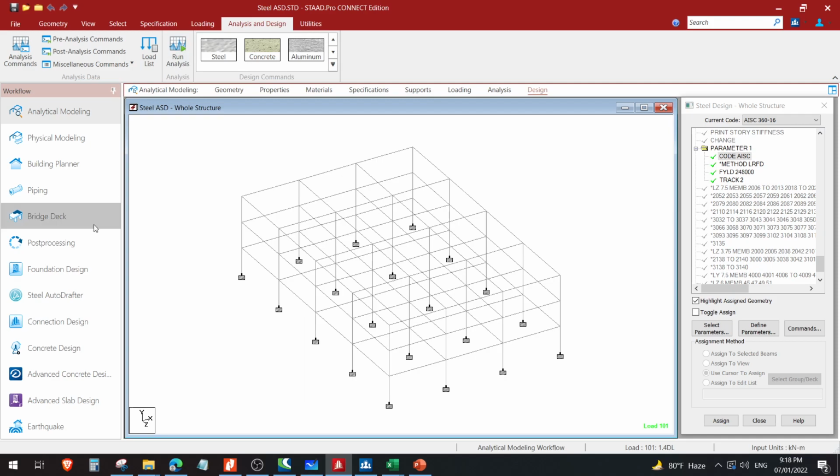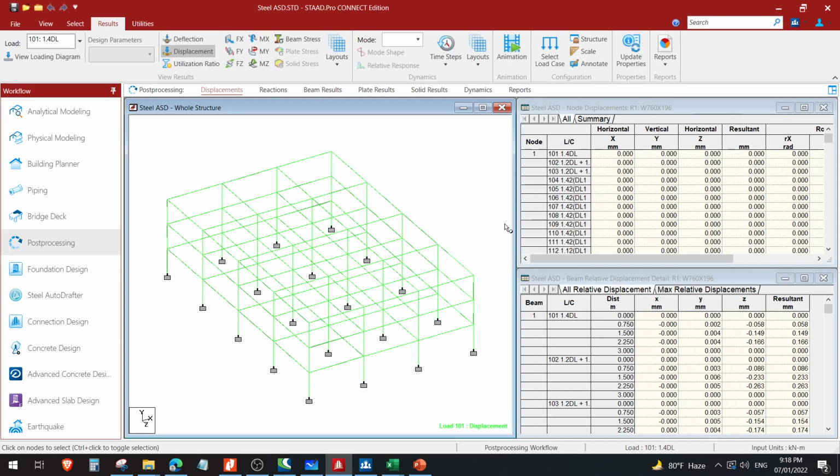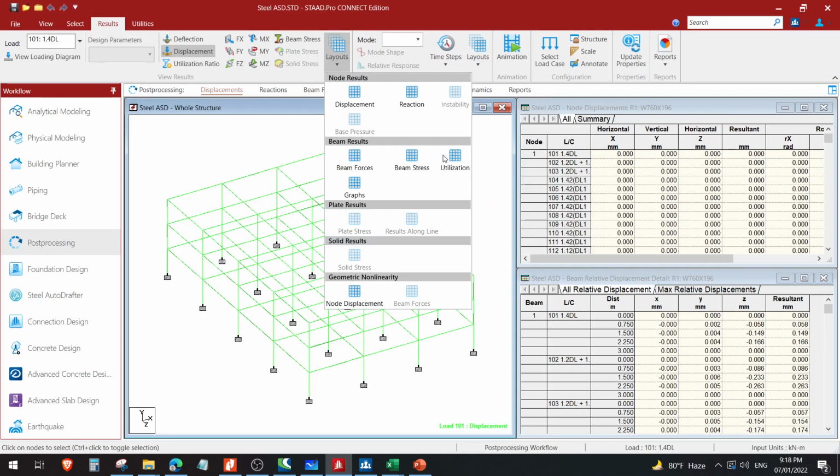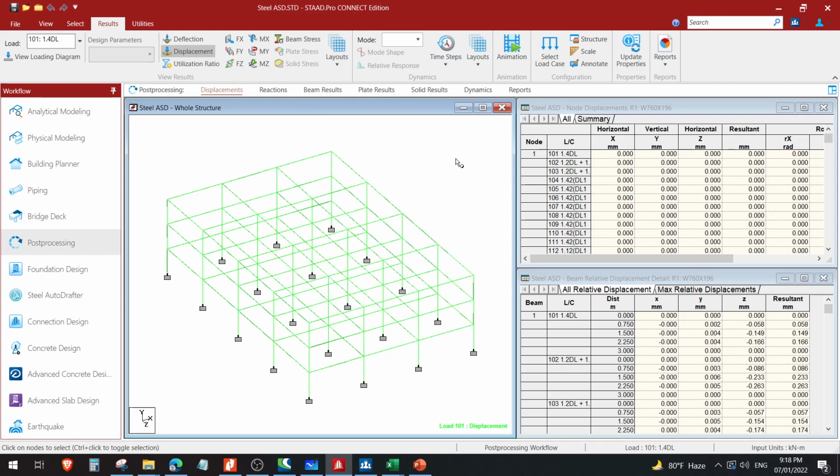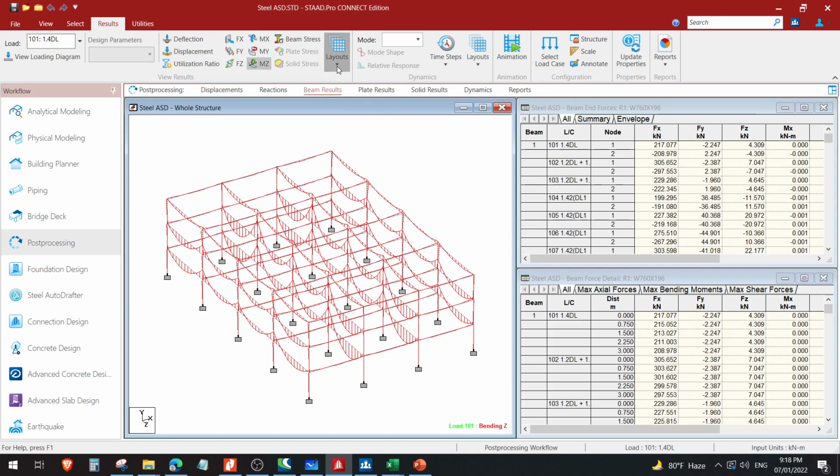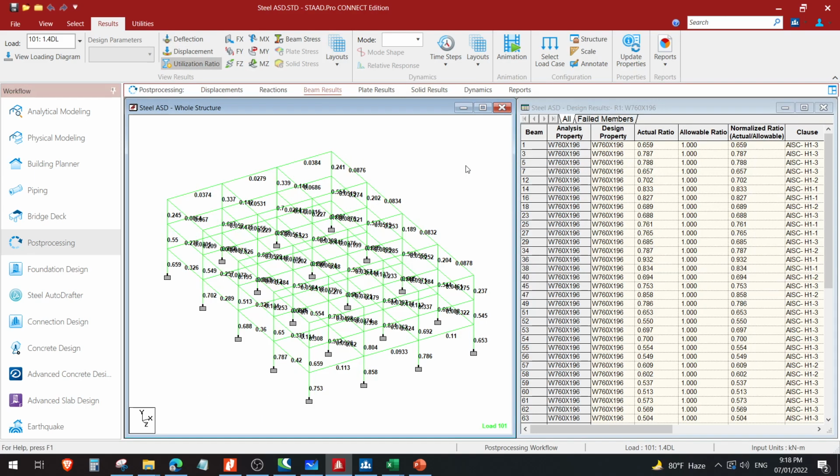okay, and then post-processing for the design, no? And same process, layouts, utilization ng beam results, yan. So first, let's check sino yung may maximum utilization ratio, yung demand capacity ratio.